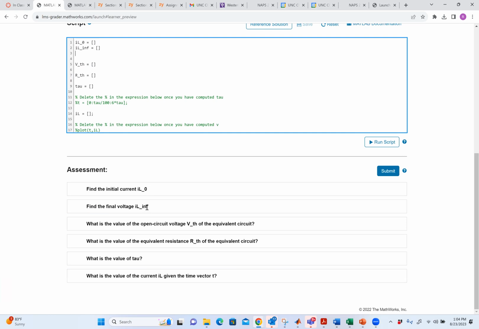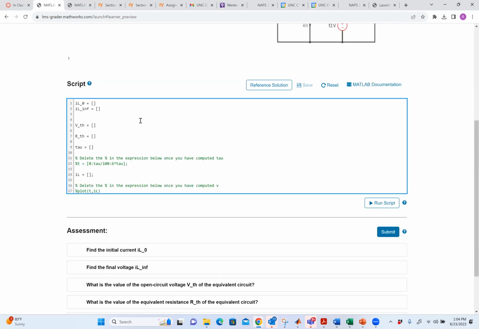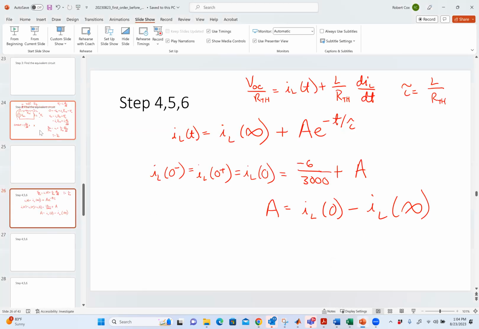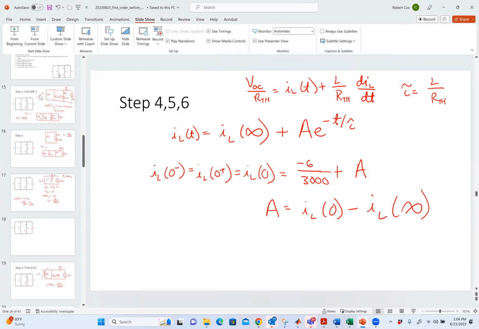Step 2 is to find IL of infinity, the final value. Then the value of the open circuit voltage of the equivalent circuit, the equivalent resistance, the value of tau, and the value of the current given the vector t. All right, so let's look at what I got here. So IL of 0, if I go back to what I wrote down, IL of 0 was, where is it?